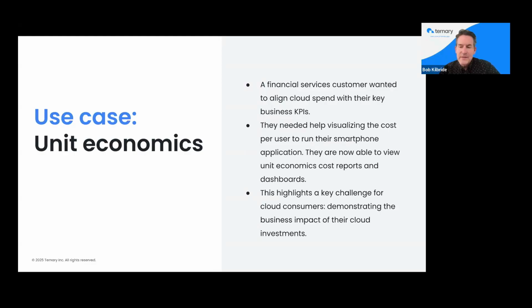They understand the types of users that are engaged, and they can focus on the ones who are most engaged and, in turn, the most profitable. So again, demonstrating the business impact of cloud investments, the value of the money that your clients are spending in the cloud, is what unit economics is all about, and you should be having these conversations with all of your clients.